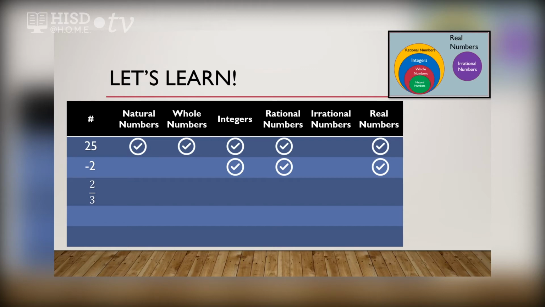Very good. So 2/3, we have to remember that if it's a fraction, we need to simplify this fraction, or if it's already simplified, we have to convert it to its decimal form to make sure that we know which family it lands in.